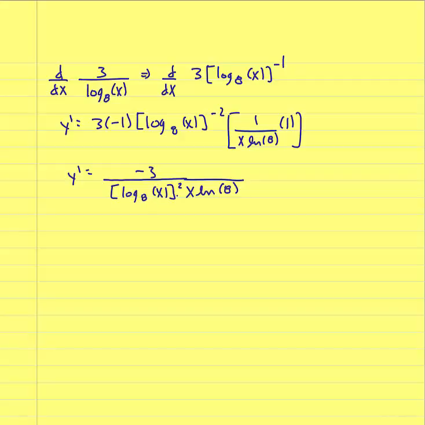So there's the derivative, but we have a little bit of an issue here. We have log base 8 and log base e mixed together. So let's go ahead and rewrite this using our rewrite that we looked at above. Log base 8 of x, that would be the natural log of x over the natural log of 8, quantity squared. And then of course I have x natural log of 8 here as well.